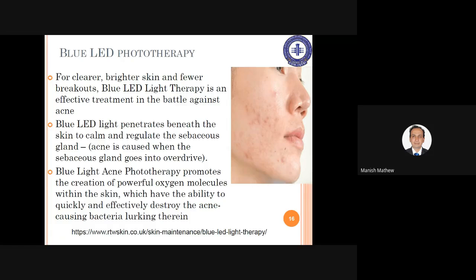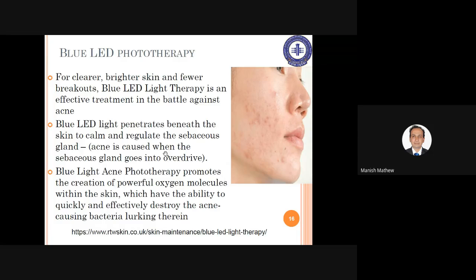So one of the best ways to treat this is with the help of phototherapy, again with blue light. If you want clear, brighter skin with fewer breakouts, blue LED therapy is an effective treatment to battle acne. Blue LED light penetrates beneath the skin to calm and regulate the sebaceous gland.